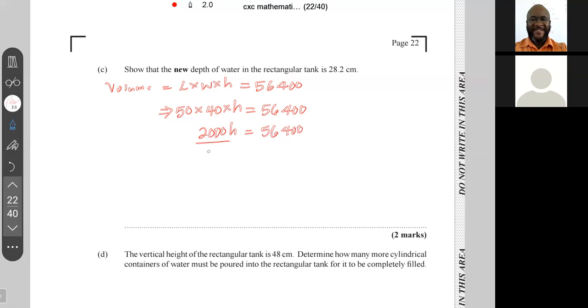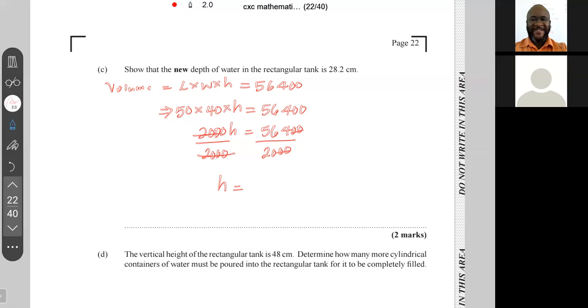If I divide both sides by 2,000, H, the height of water in the container now, is 564 divided by 20.